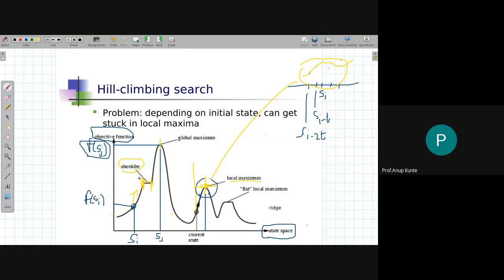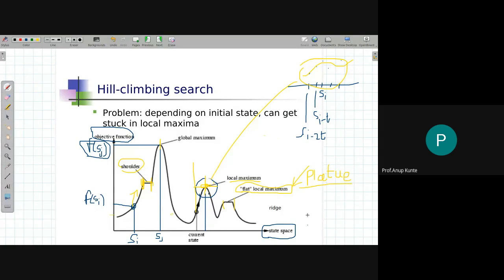Another issue with the hill climbing algorithm is a flat local maximum. So you reach a plateau point. A flat local maximum is also generally referred to as a plateau.